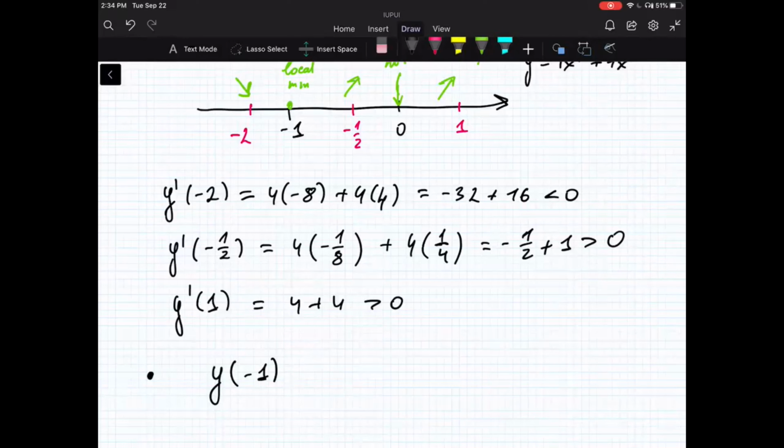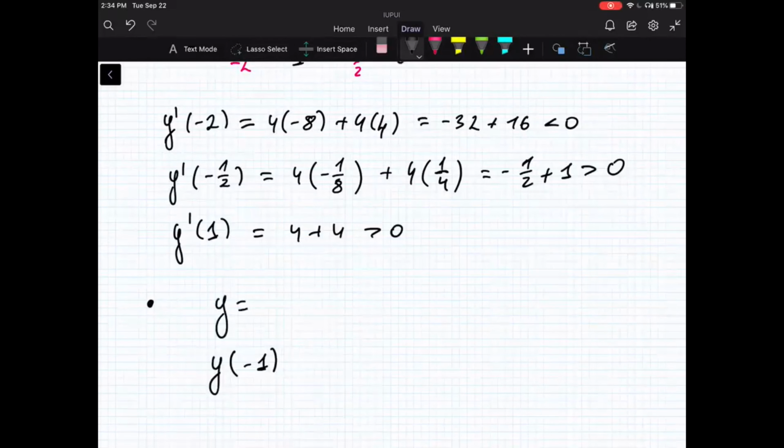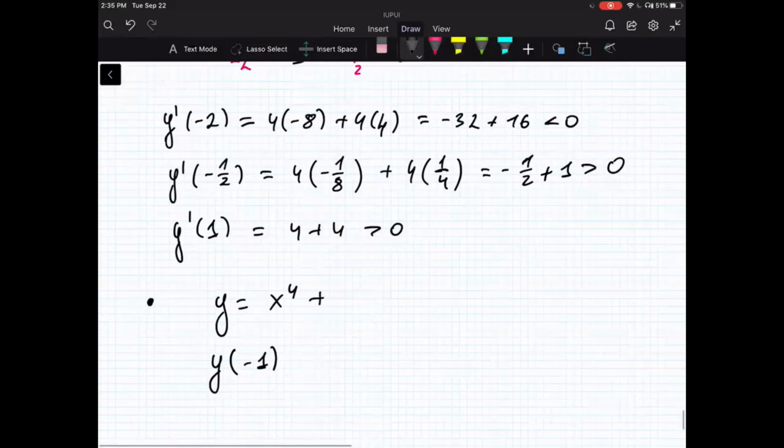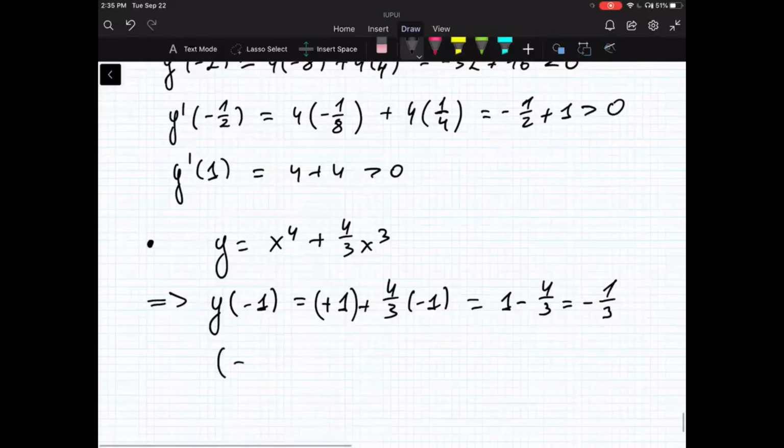So our function was y equals x to the power 4 plus 4/3 x cubed. That means that y of minus 1 will be 1 plus 4/3 times minus 1, and thus it will be 1 minus 4/3, which is minus 1/3. So my first critical point is minus 1, minus 1/3.